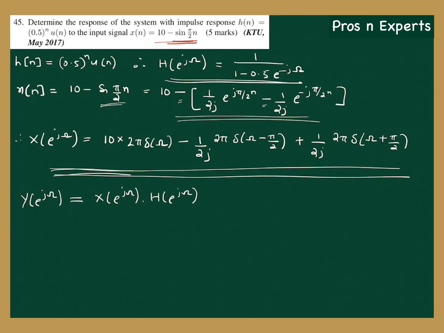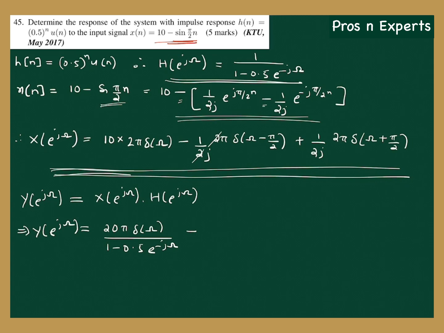That means we have to multiply this term with the whole of this expression. That implies Y of e raised to j omega is equal to, here it is 20 pi del of omega by 1 minus 0.5 e raised to minus j omega is the first term. And for the second term, we can cancel these 2 and 2.